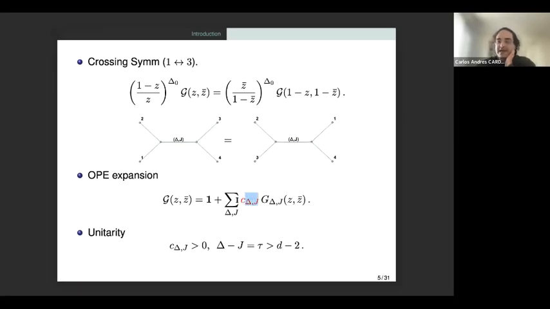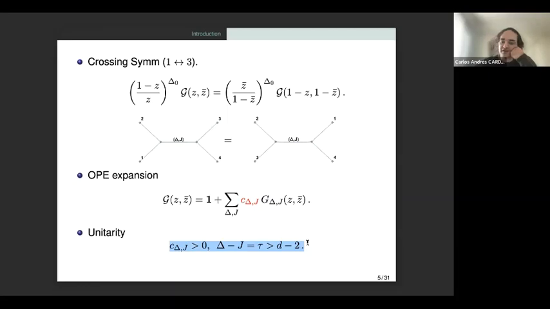And then unitarity will constrain the coefficients in this expansion by imposing those coefficients to be positive. It could also constrain the dimension, by saying that the dimension and the spin, or this combination, which we call the twist, must be greater than the space-time dimension minus 2. So these are two constraints coming from unitarity.